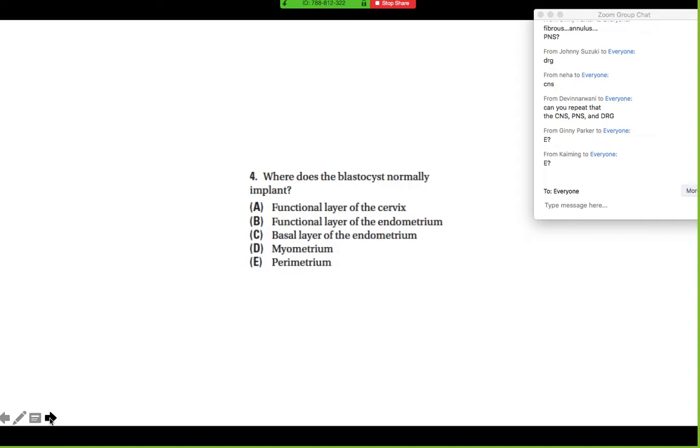All right. Where does the blastocyst normally implant? And I know you don't quite know enough to answer this, but you can probably guess.